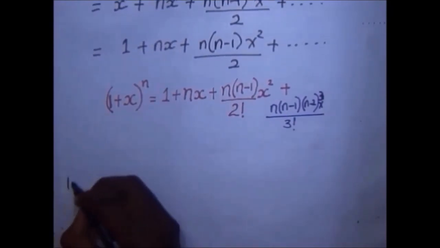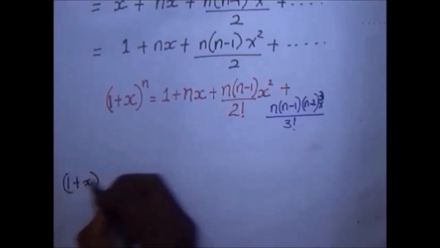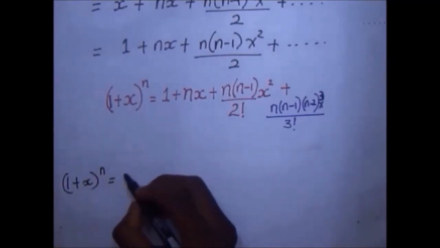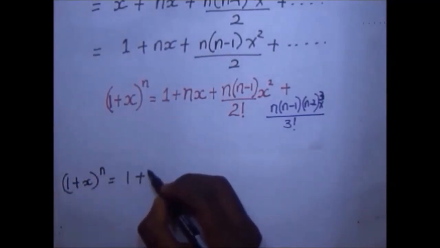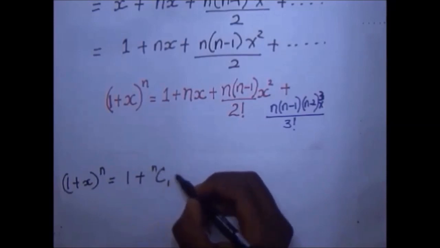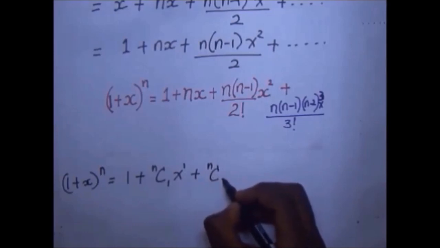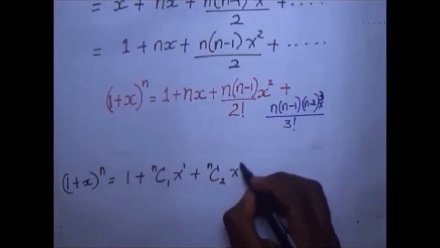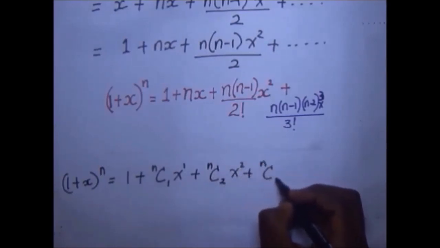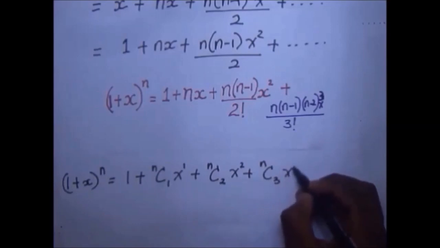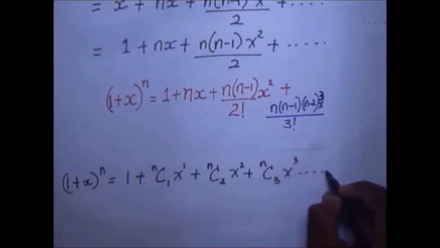Or 1 plus x to the power n is simply 1 plus n combination 1 x to the power 1 plus n combination 2 x squared plus n combination 3 x cubed, and so on and so on.